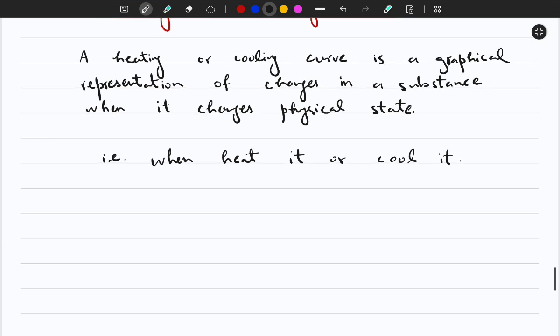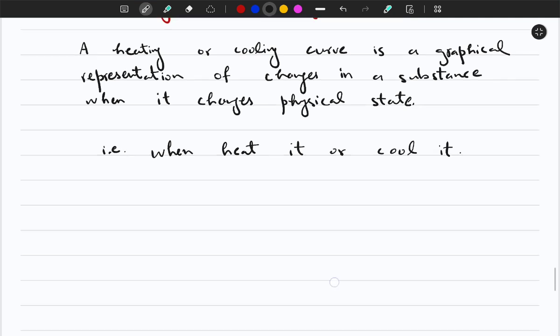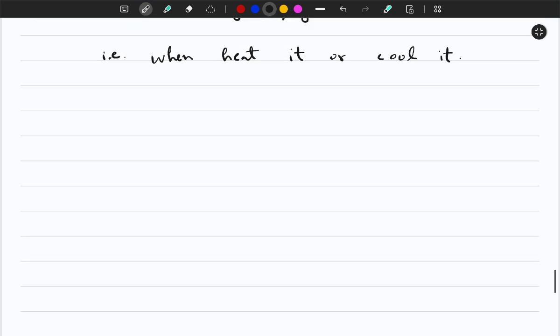So that's a heating curve or cooling curve. When you are heating it, you call it a heating curve or a heating graph. When you are cooling it, that's called a cooling curve or a cooling graph. Okay, so let's try to draw a heating curve first, a heating curve or heating graph for water.